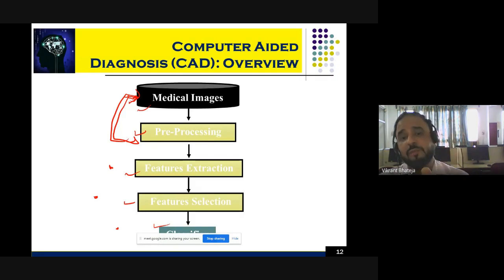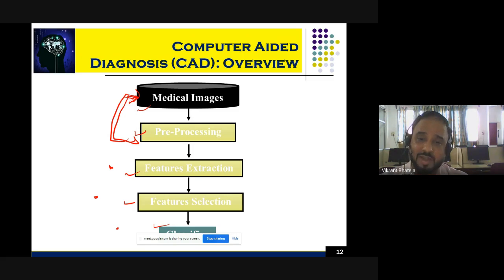So it is very constrained to generalize pre-processing for all types of medical images. If you take an example of an X-ray system, the acquisition hardware has its own challenges and constraints, so you need a different kind of pre-processing filters there.